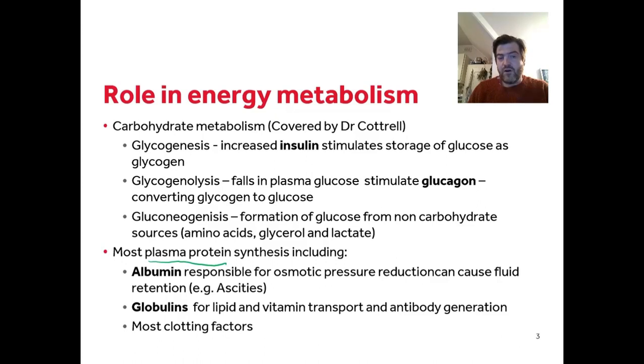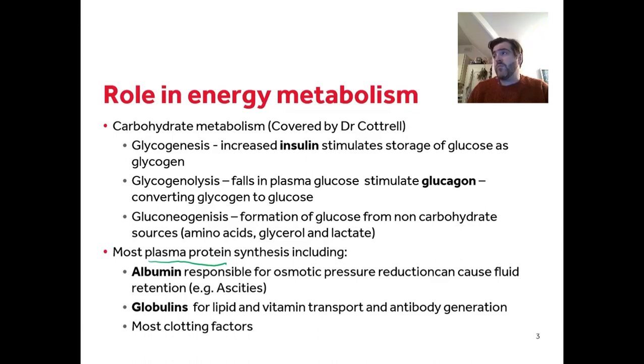A few important ones I want to mention are albumin, which is the major protein constituent in the plasma, and that's responsible for osmotic pressure, and reductions in osmotic pressure can cause fluid retention around organs and tissues.